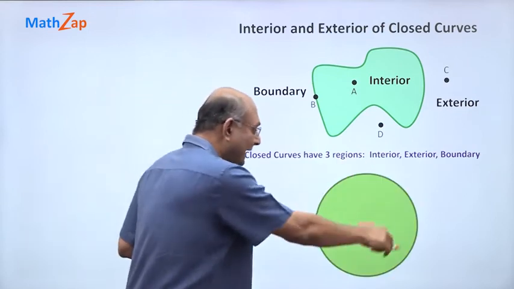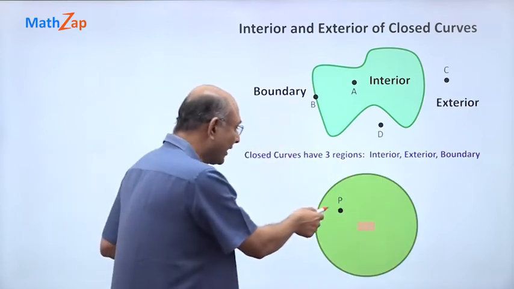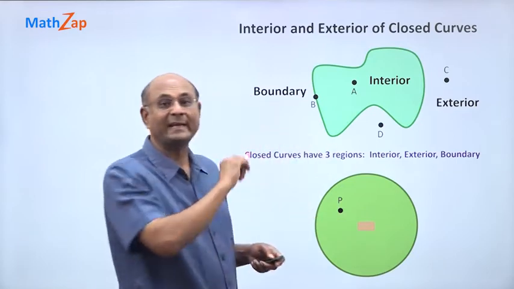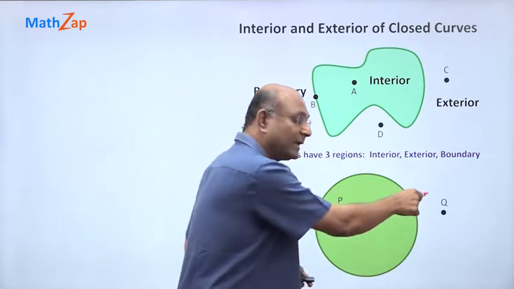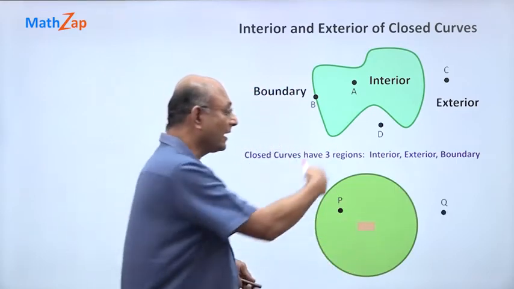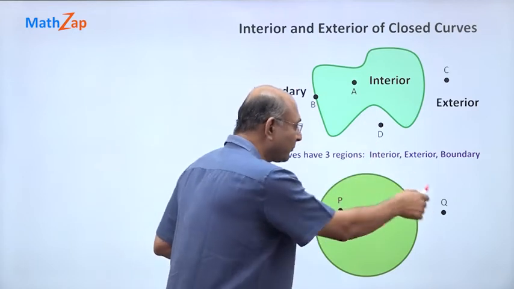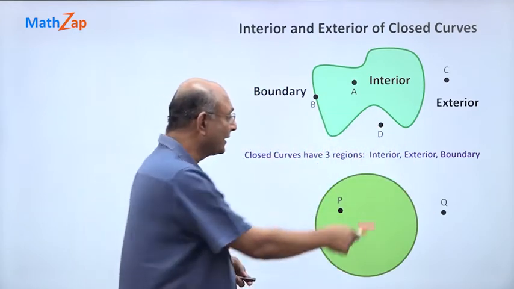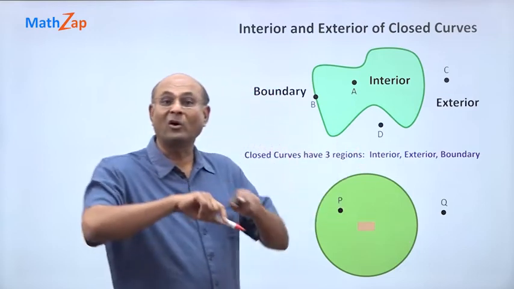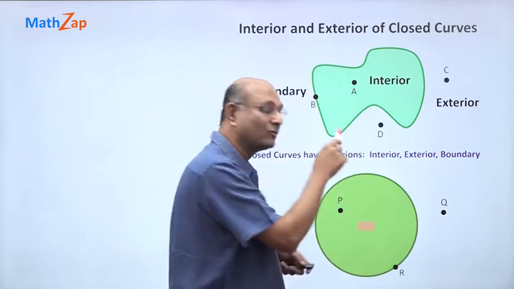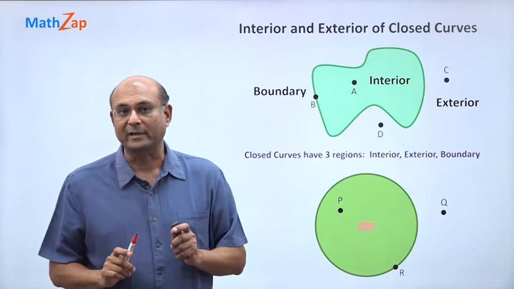If I have a cricket ground, a point like P is inside the ground. A point like Q is exterior, outside. This is an interior point, that is an exterior point. What about points on that curve there? That would be called a boundary point.